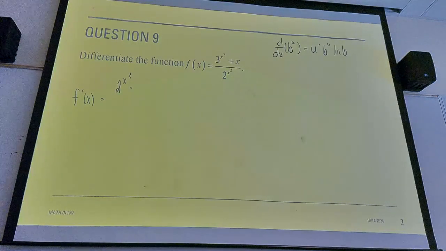Now I have to take the derivative of the numerator, which is what? What rule would we be using overall to find the derivative of the numerator? All right, each term individually, so take the derivative of the first term. What is it?